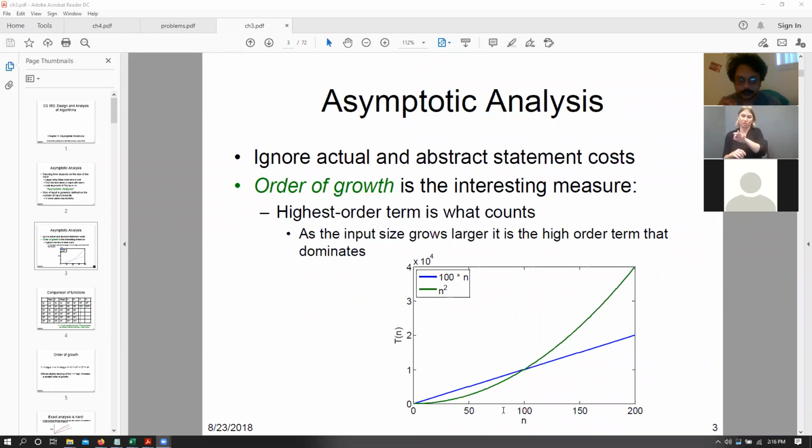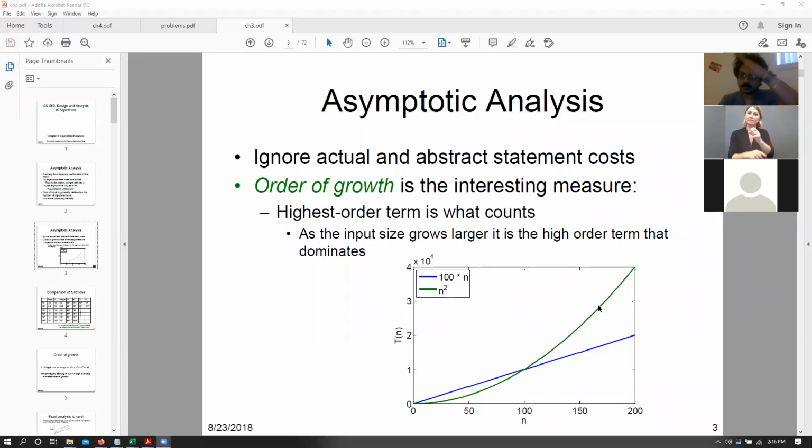So in case of 100 times n and n squared, what is the minimum value of n after which one function always dominates the other? In this particular scenario, the value of n is 100.